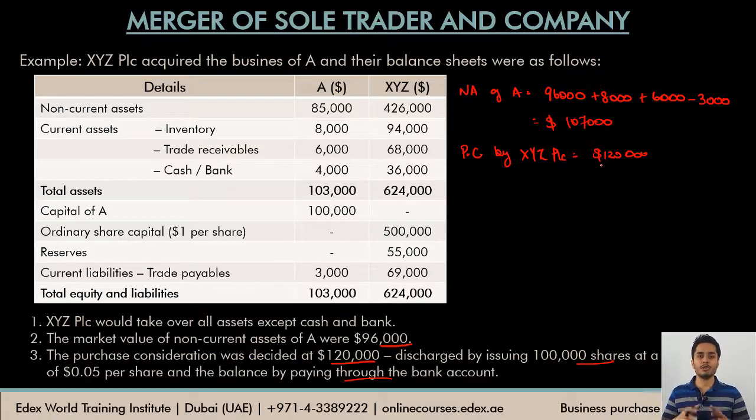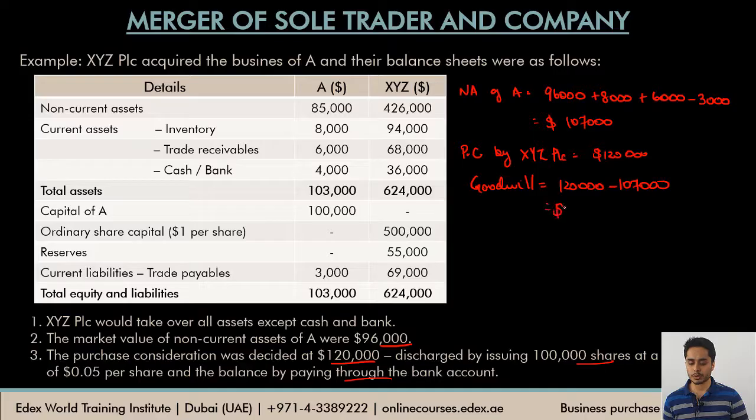Because there is a certain goodwill value attached to the business of sole trader A, and when XYZ acquires that business, the benefits attached to that goodwill will now be gained by XYZ. So XYZ is paying $13,000 extra, and hence the goodwill value would be the purchase consideration of 120,000 minus net assets acquired of 107,000, so $13,000.